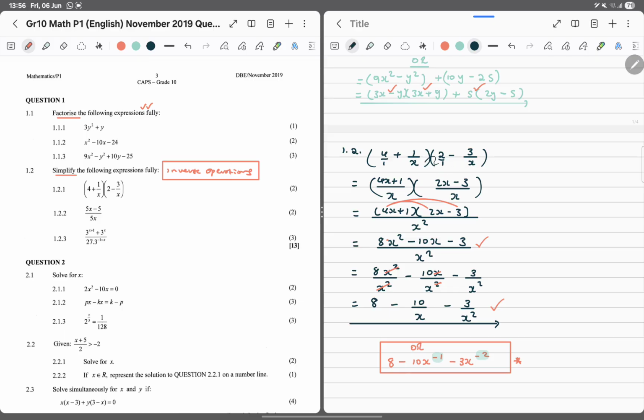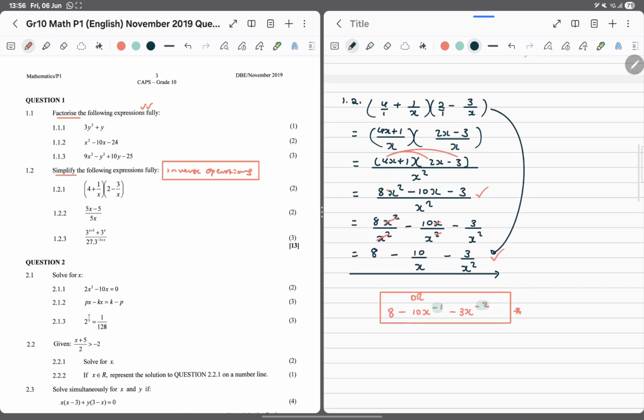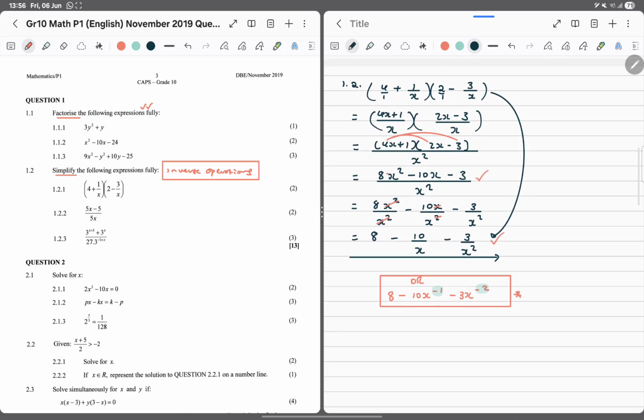So same denominator, so minus 12 plus 2 is going to be minus 10 over x. Nice. Then this one is going to be just 3 over x squared. So it would have been easier. Actually, one could have jumped straight up to this step. Maybe that's why it's 2 marks, I guess. It was easy to do so. No problem.